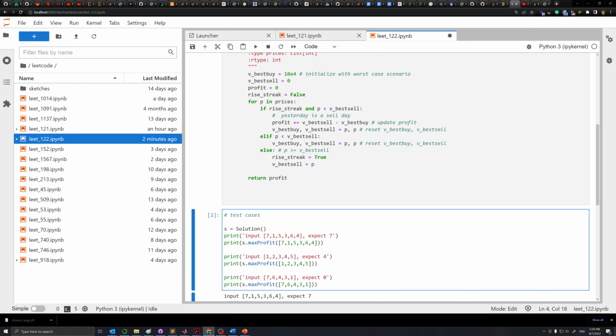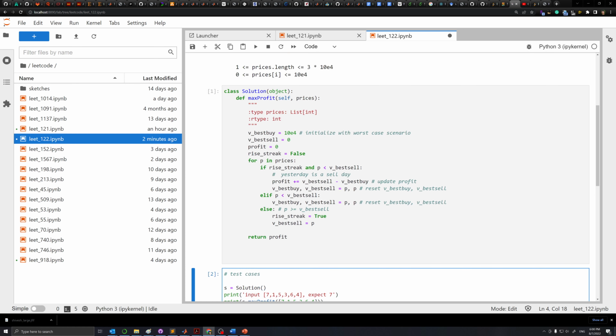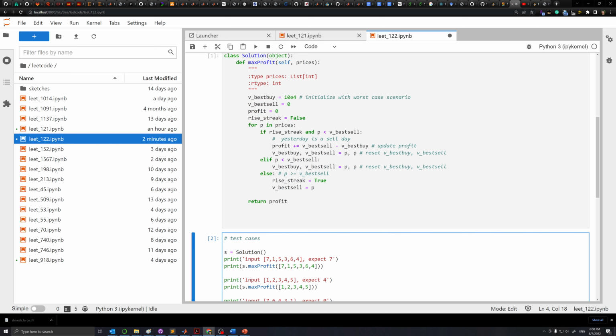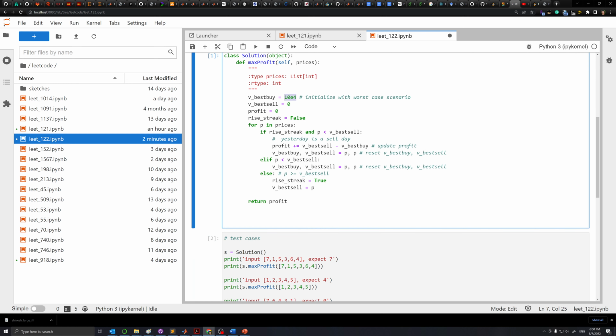Best sell. Maybe these conditions don't really work for the first iteration, when there were no values at all. Maybe you should just initialize it as price zero, and initialize this as price zero as well. That could be a way of doing it.